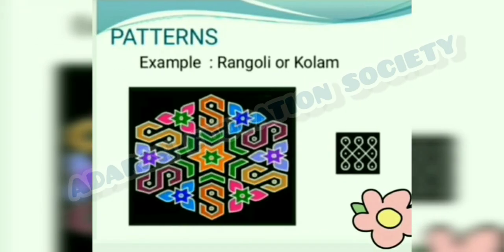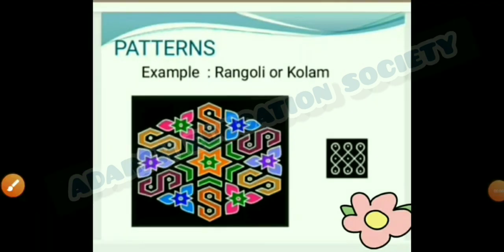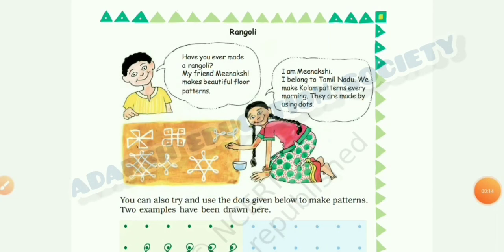Now next example of pattern is rangoli or column. Here in this picture you can see the column pattern. Okay children, rangoli design or column design you can see in your house to make your house beautiful. Now what is rangoli? Rangoli is patterns with dots.